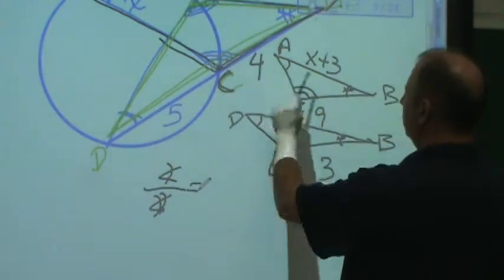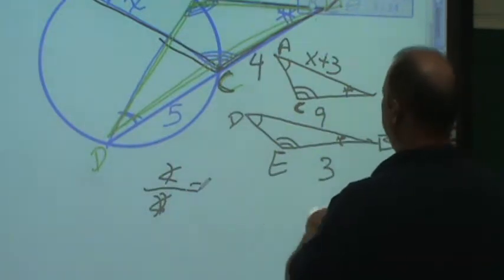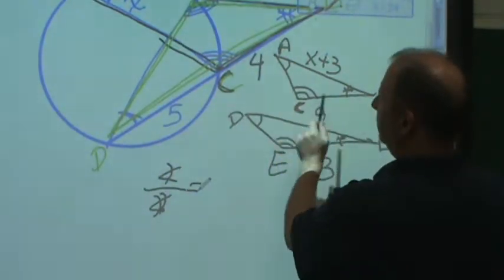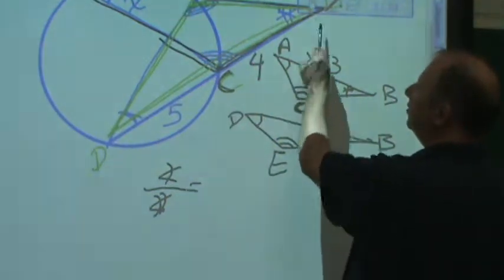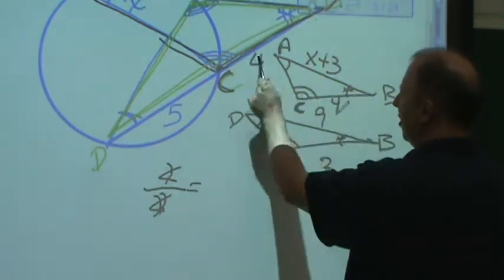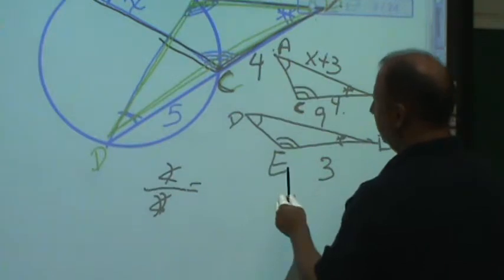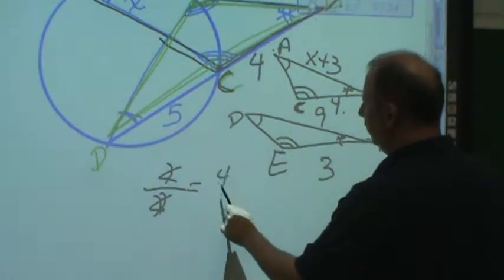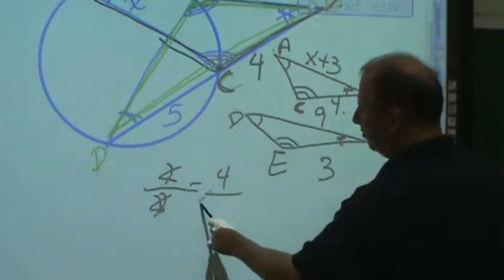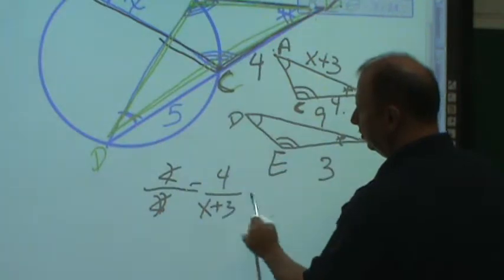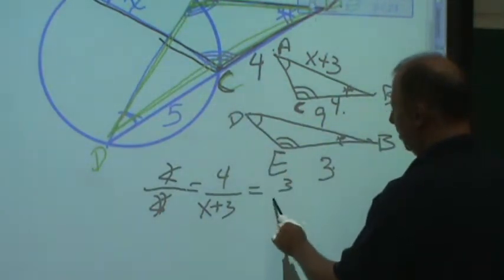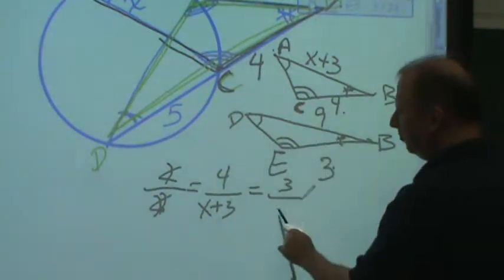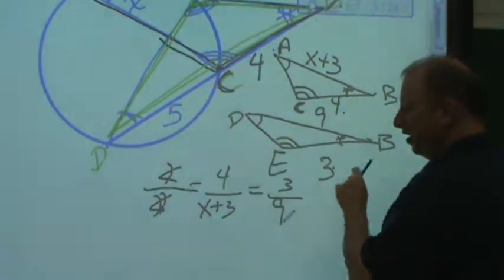Okay, opposite to 1 is a 9. BC, let me make sure. BC was 4. I didn't label it. So opposite the single is a 4. Opposite the double is an x plus 3. Opposite the single was a 3. Opposite the double was a 9. So let's look at what we have.